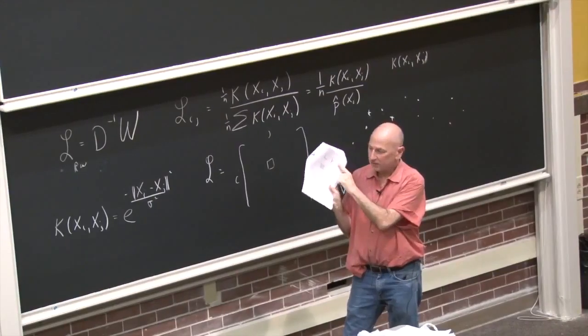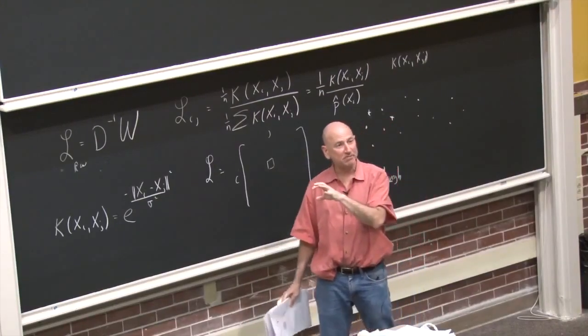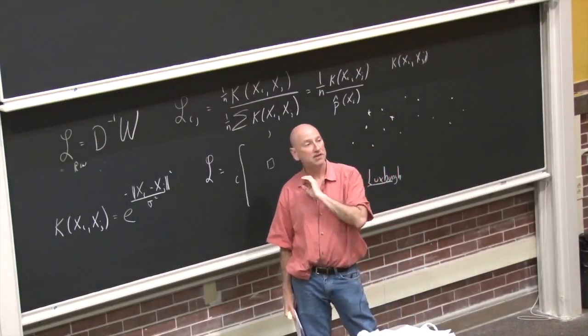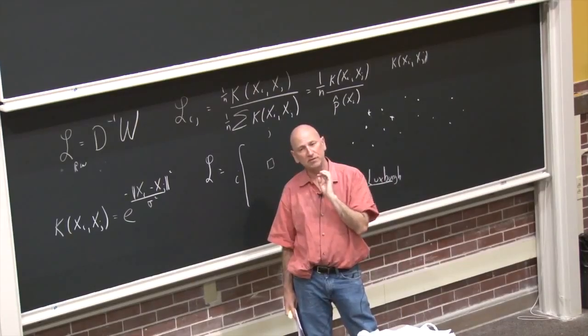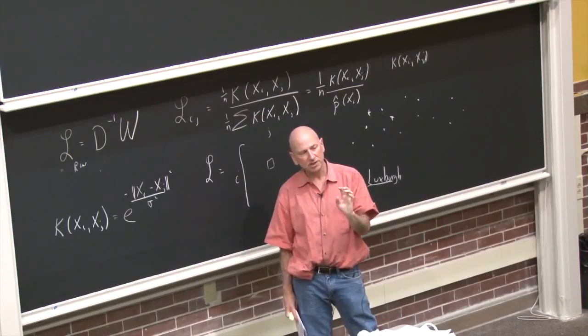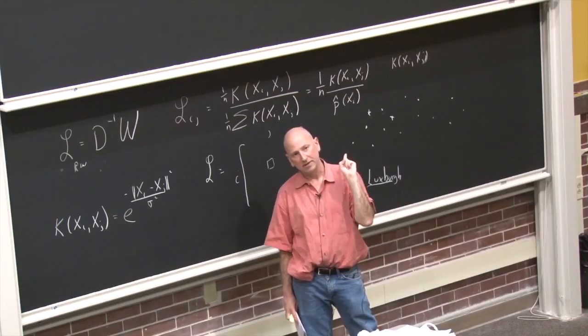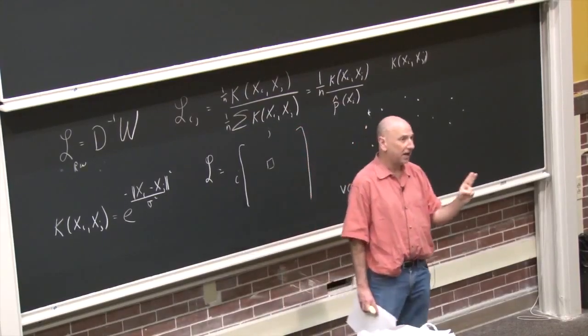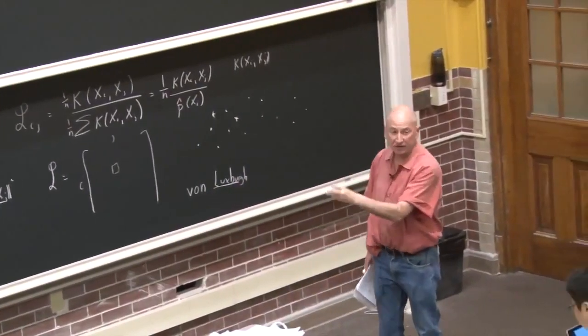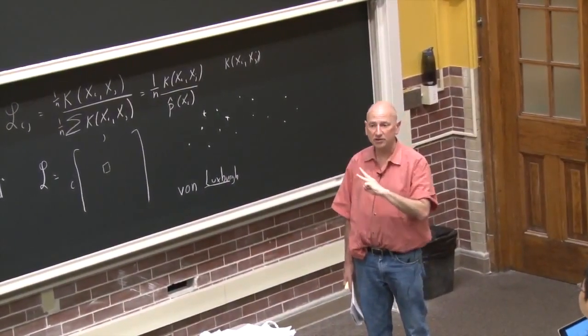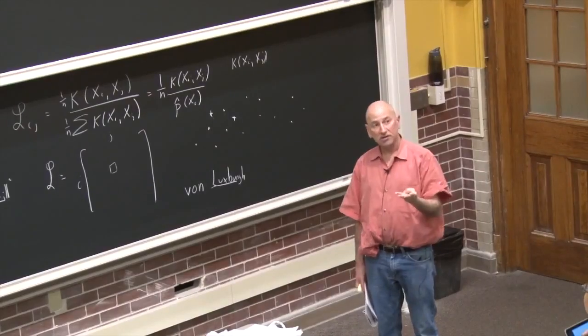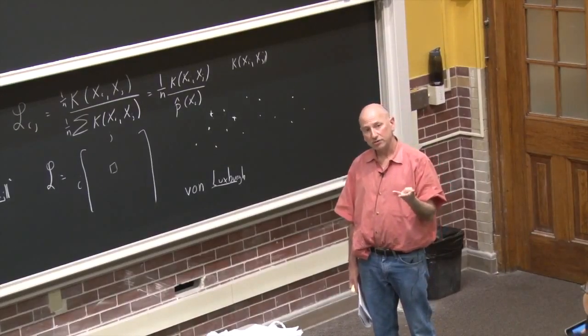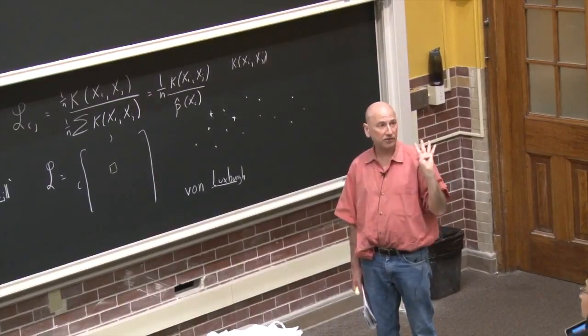If you think about the two-ring example, we already know that density clustering would have worked perfectly on that, right? That's a beautiful example for density clustering. Density clustering has one parameter, the bandwidth. Here, we have to pick the kernel, the bandwidth, the number of vectors to project onto, and then there's some clustering method you're going to apply once you project onto those vectors, which also involves tuning parameters.